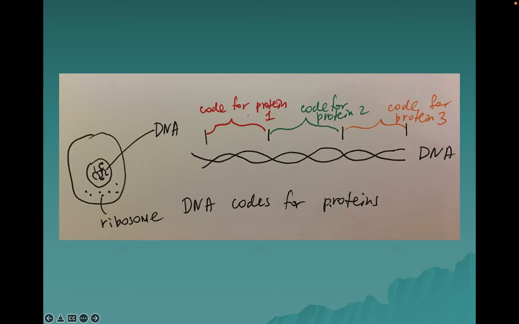Now, I usually give people a little analogy, because what I found was that when I say that DNA codes for proteins, people nod along, but we don't necessarily understand fully what that statement means. So my little analogy is about you going to an IKEA store and buying a flat pack piece of furniture.